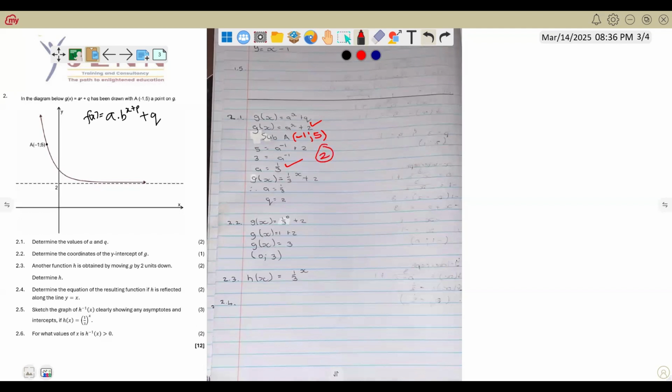Then the second one, what are they saying? Determine the coordinates of the y-intercept of g. How do we get the coordinates of the y-intercept? Make x equal to 0.